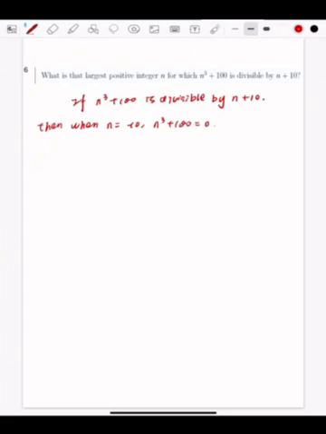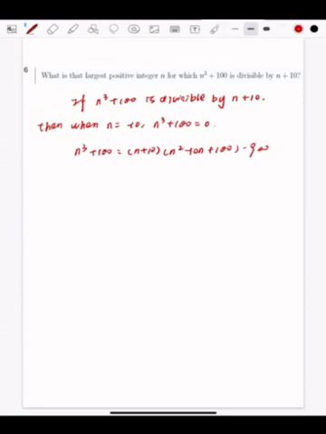We can also use another one to divide this part by n plus 10. And by the long division, we have this, right? We have this one.